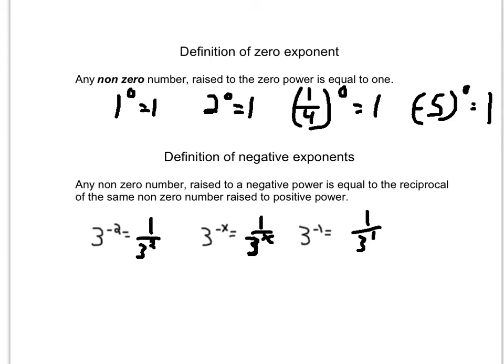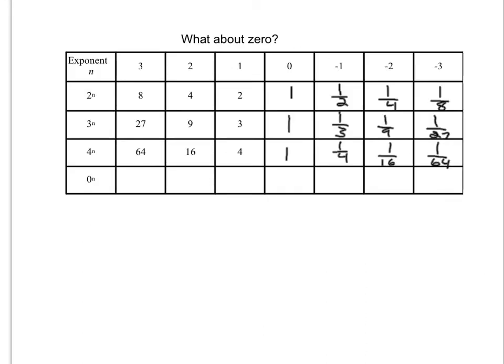Let's explore this a little more. So let's look at what happens when we extend this pattern and use 0. Well, 0 to the third power means 0 times 0 times 0, that's 0. 0 to the second power is 0 times 0, which is 0. 0 to the first power is just 0. Okay? Now let's look at the pattern here.